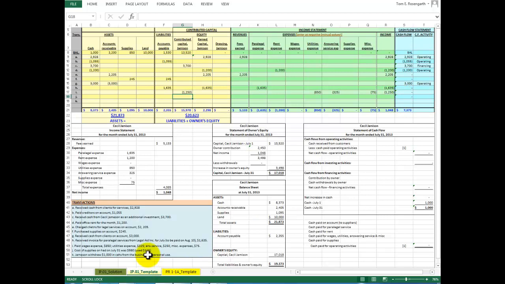In transaction J, the cost of supplies at the end of the month was $980. Let's examine the supplies account. The company had $850 of supplies at the beginning of the month, and then it bought another $245, so the company had accumulated up to $1,095 of supplies.